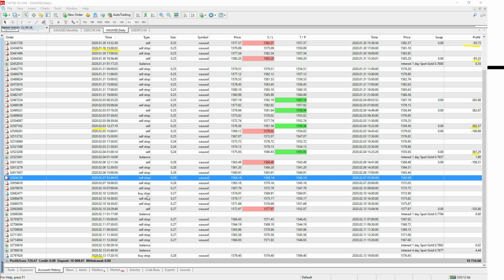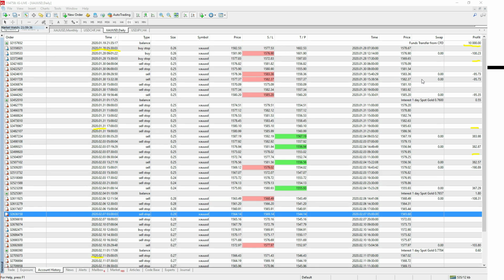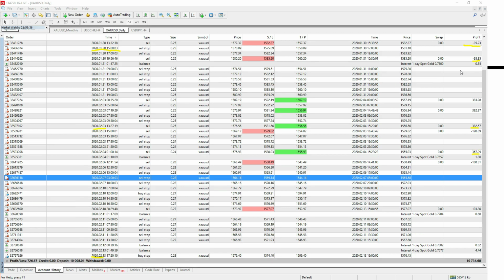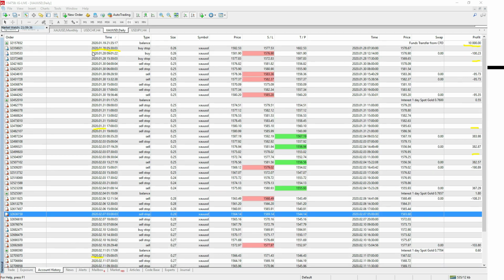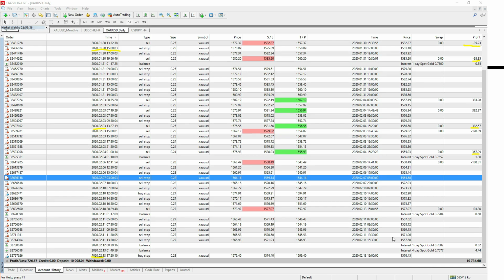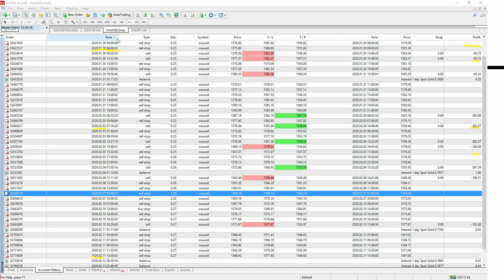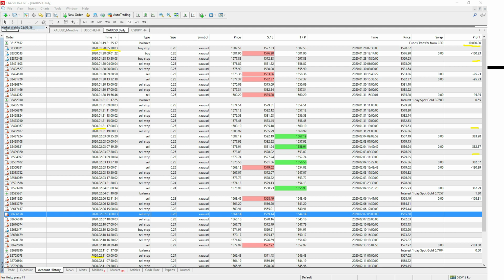Okay, so you can see that the balance started at 10,000, yeah? On the 1st of the 28th. It's now at 10,734. Yeah, that's a 7.34% return over, what, a 2-week period. So this is it playing out in front of you. This is a live account.